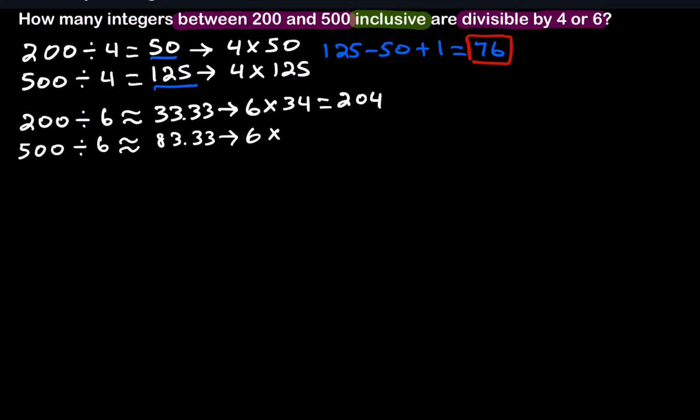We have to actually take 83.33 and round down. And so that becomes a whole number of 83. Now, this is the last valid multiple in this range, and that is 498, because notice 498 is less than or equal to 500.